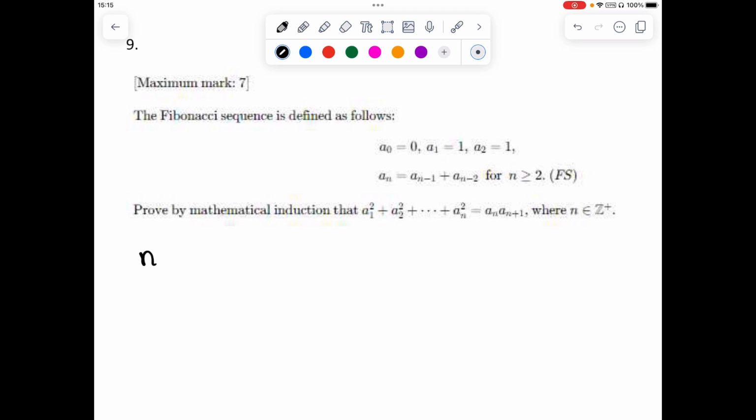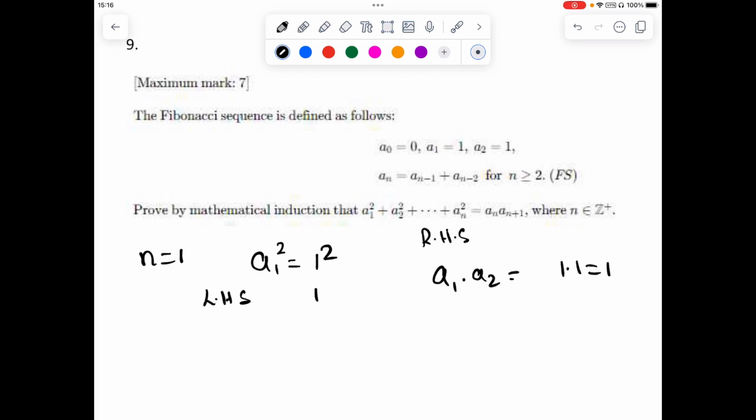First the base case, n equals 1. a1 square is 1 square, which is 1, from the left hand side. From the right hand side, a1 times a2, which is 1 times 1, which is again 1. Let this be Sn. So Sn is true for n equals 1.